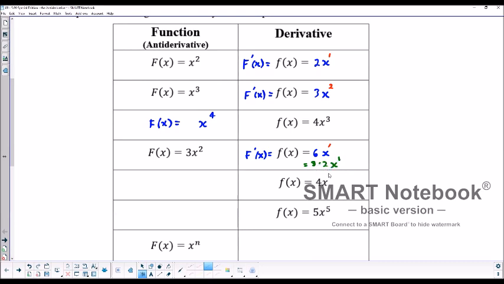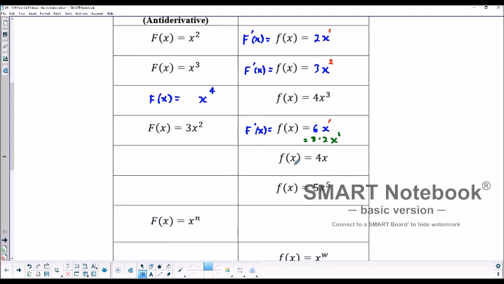So sometimes we have to take into account what's there and how we got that. If we now look at f of x equals 4x, well, the exponent on x is 1. So if we're going to take the antiderivative, we have to add 1 to the exponent. Okay, and we see this as 4 here. If we differentiate x squared, the 2 will come down in front, but we're ending up getting 4.